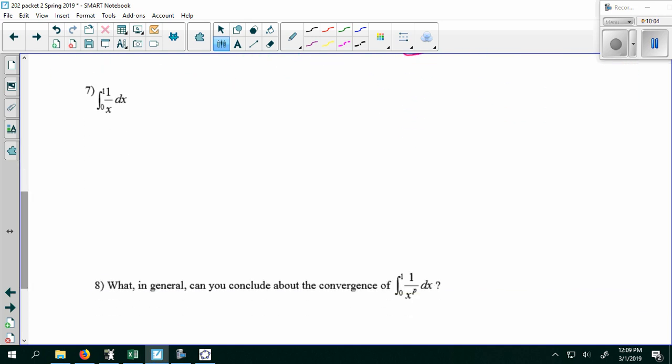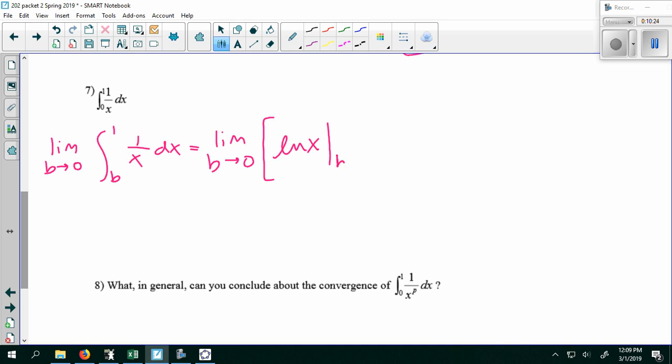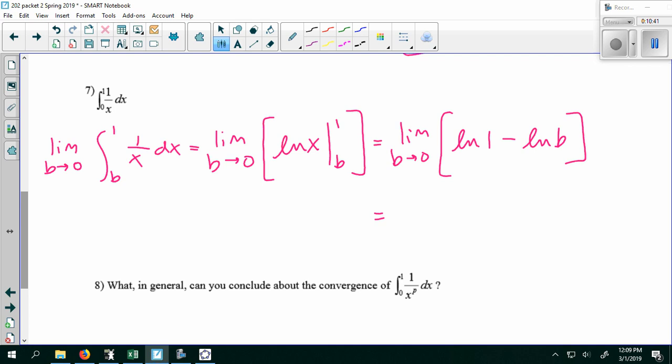Okay, so the integral from 0 to 1 of 1 over x dx, again, I have to go from b to 1 and take the limit as b approaches 0. But what's different here is that the antiderivative of 1 over x is ln x, and so I'm going to evaluate that from b to 1. When I plug in a 1, I get the ln of 1, which is 0.